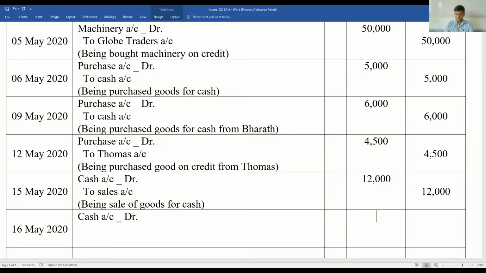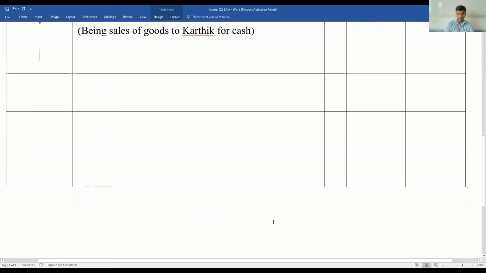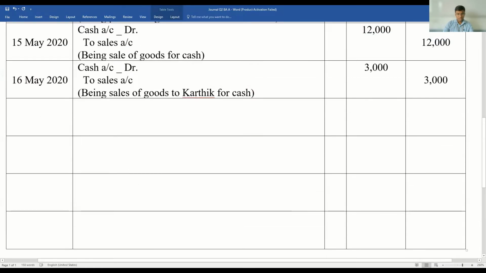The amount is 3,000 to sales account 3,000 being sale of goods to Karthik for cash.